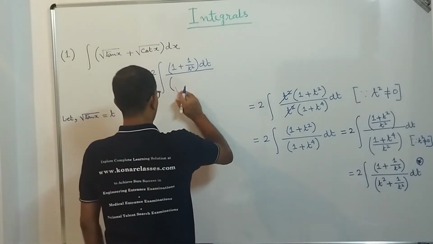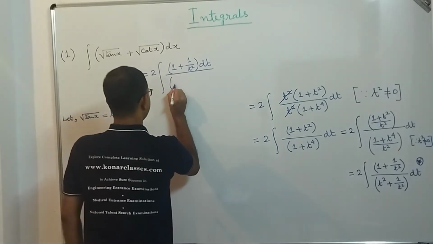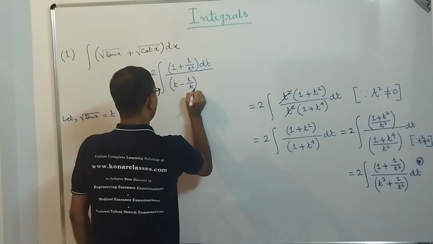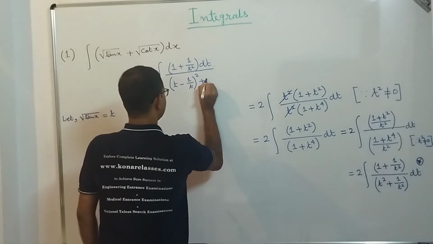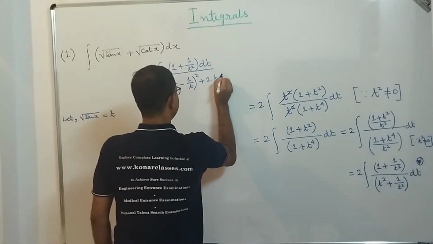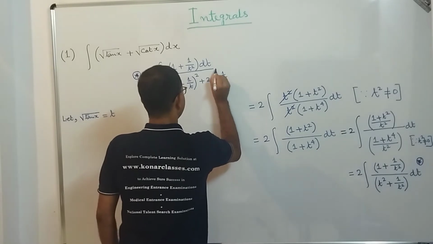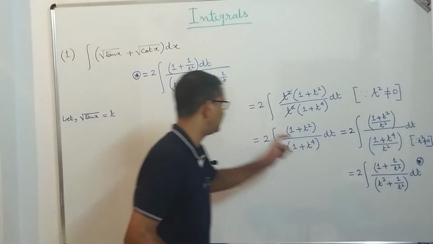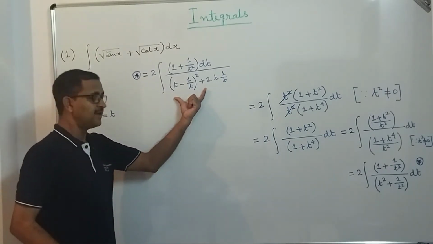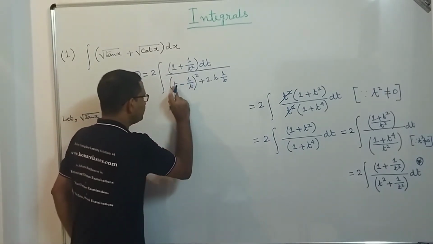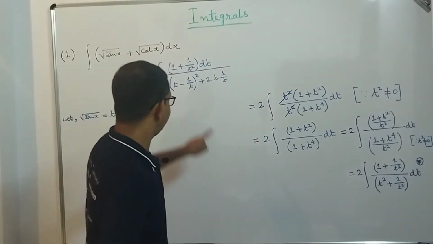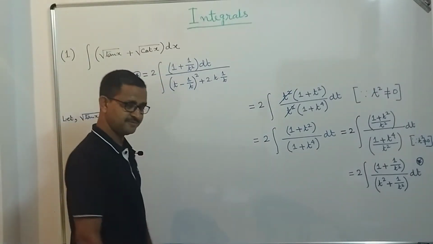So here we can write t minus 1 by t whole square plus 2 into t into 1 by t. You may ask, sir, why did you write t square plus 1 by t square like this? Because if we assume that t minus 1 by t is equal to u, you will find that its differentiation is nothing but the numerator.